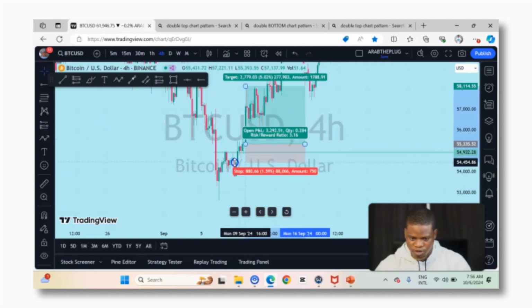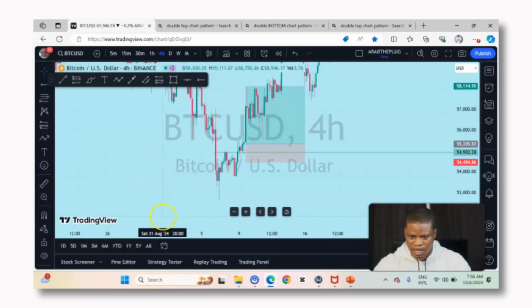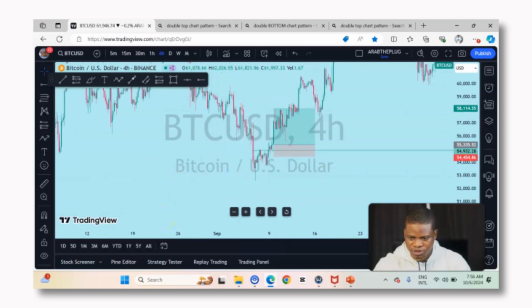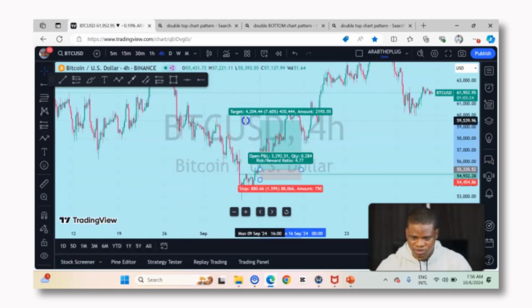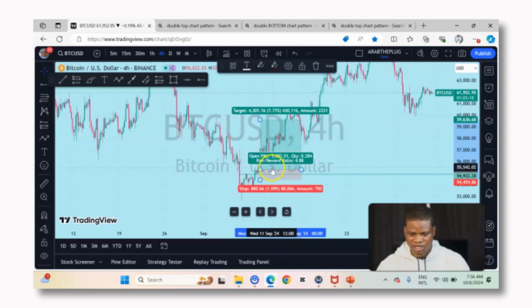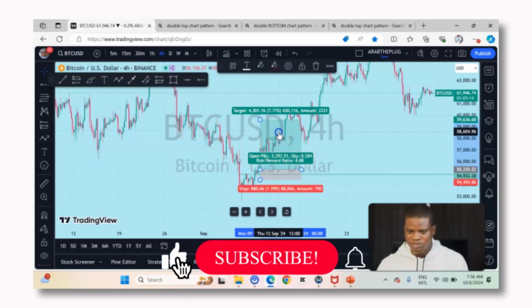You put your stop loss just a little bit below this neckline, and your take profit will be the next area of resistance, somewhere around here, and that will be a 1 to 4.8 trade. So it's as simple as that.